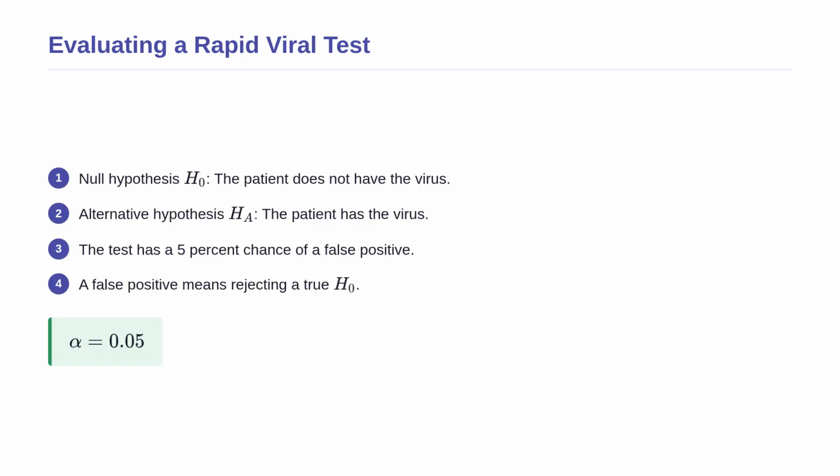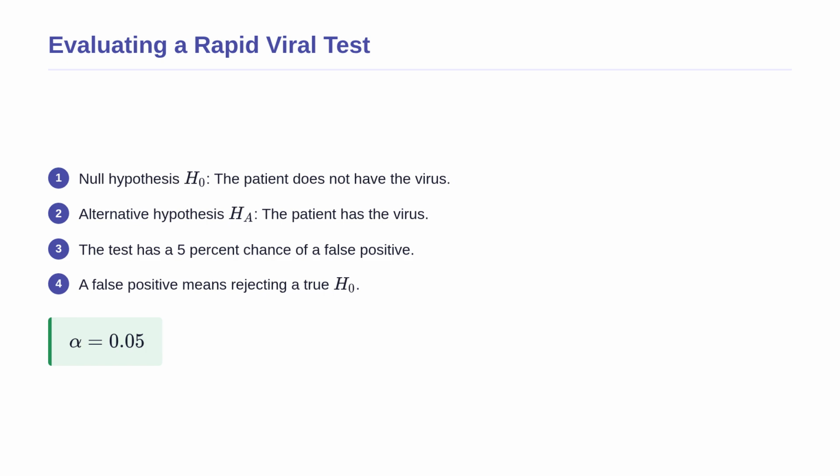Before we move on to the next error type, let us see this with a concrete example. Suppose a clinic is evaluating a new rapid test for a dangerous virus. We are given that the null hypothesis is that the patient does not have the virus, and the alternative is that they do. The manufacturer states there is a 5% chance of a false positive. Why does this matter?